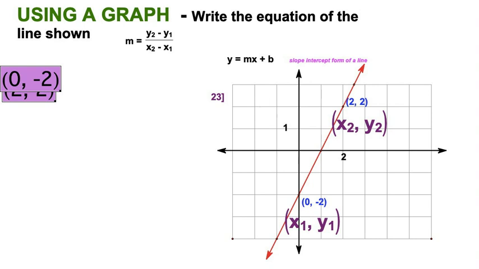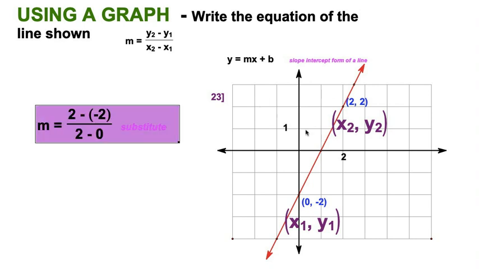Let's do the substitution. I'm going to substitute this way. y2 is 2 minus y1, negative 2, over x2 is 2 minus x1 is 0. I've got 2 minus negative 2 over 2 minus 0.